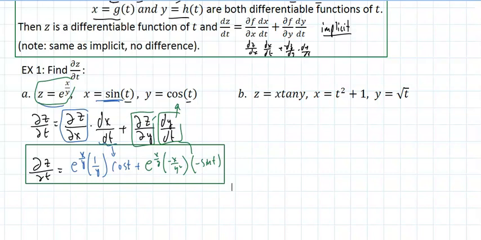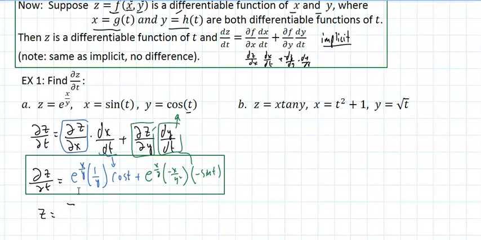No harm done. If I was to say, why don't you find dz/dt? Well, if you really want, you could do this. They're going to ask you to do that maybe at a given time. You could say, you know what?